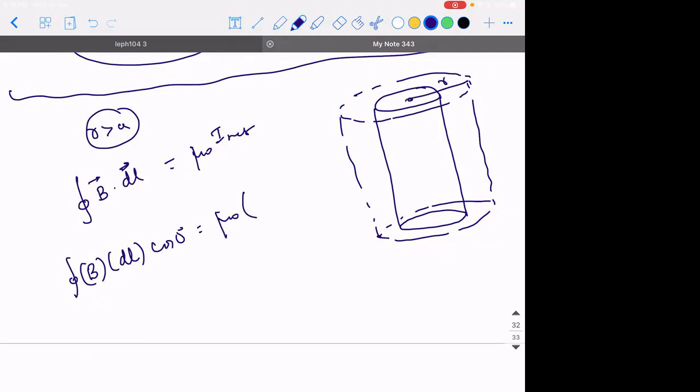What is the total current enclosed in the conductor? It's very simple. What is the total current through the conductor? So this is I1 plus I2.